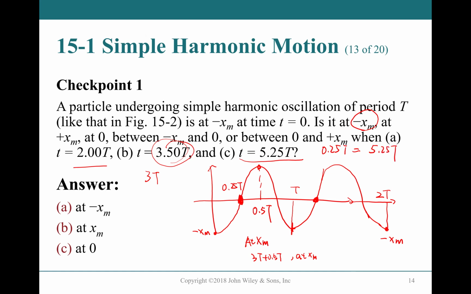So at 0.25T, it is here, x equals 0. So you can use the picture to understand how to find out the positions, okay? After a period, the position will not change.